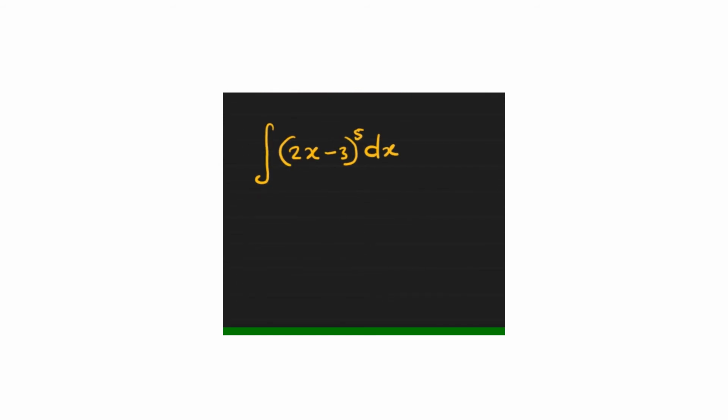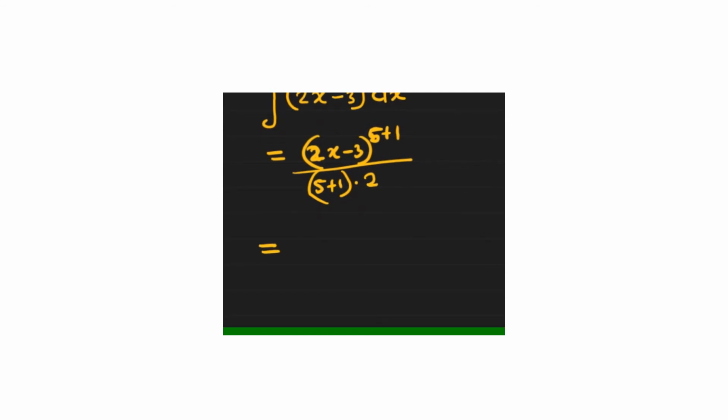If you integrate this, it will equal (2x - 3) to the power of 5 + 1 all over 5 + 1, multiplied by the derivative of 2x - 3, which is 2. Simplifying further, it becomes (2x - 3) to the power of 6 all over 12, plus c, our constant of integration.